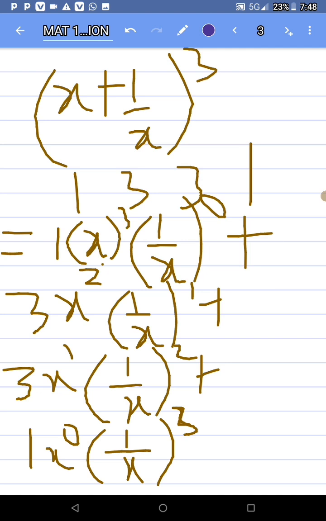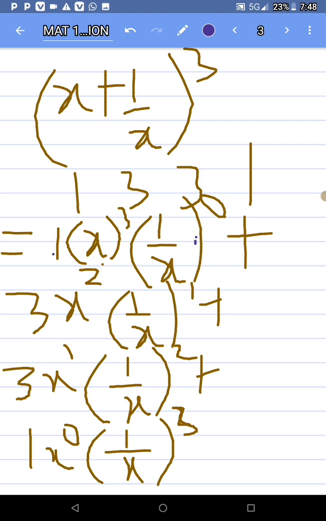Now with this, I will simplify the first term and then write it on the next page. For the first term, anything raised to power 0 is 1. So 1 times 1 times x raised to power 3. Our first term is x raised to power 3. Plus the next one: we have 3x squared times 1 over x.